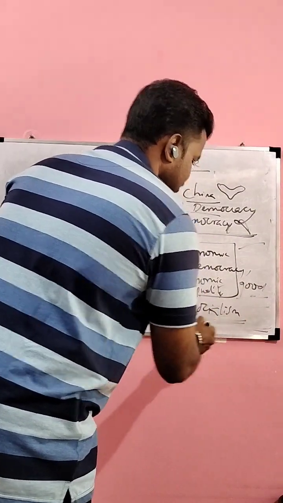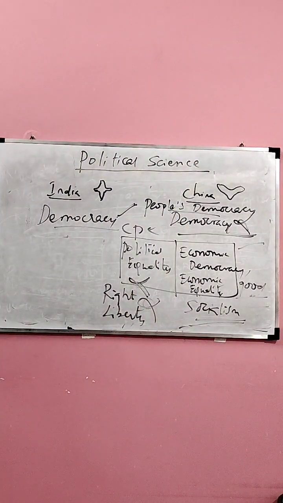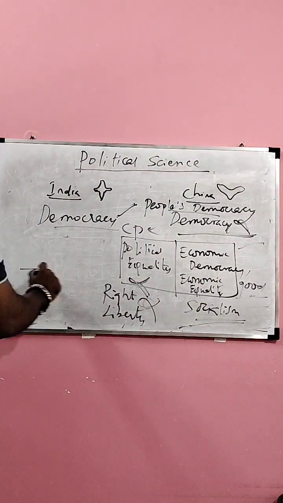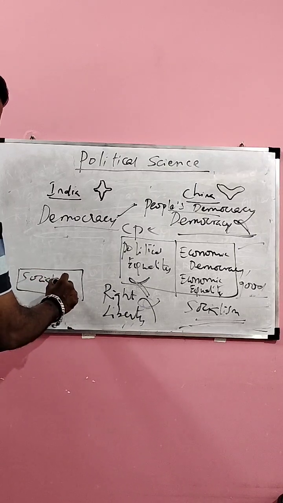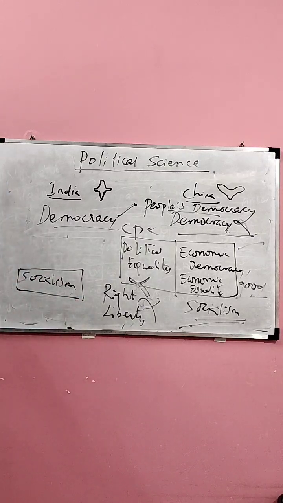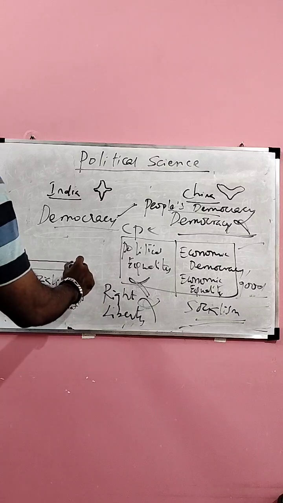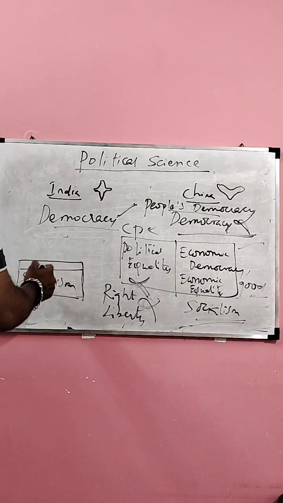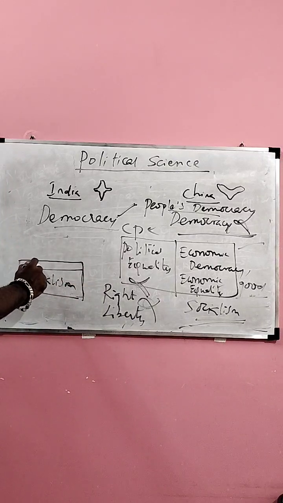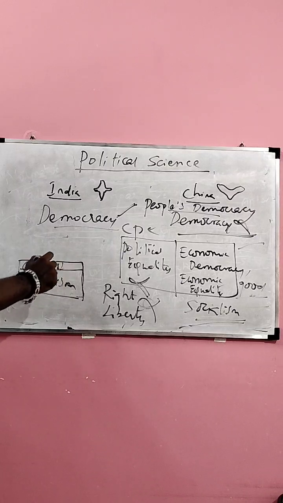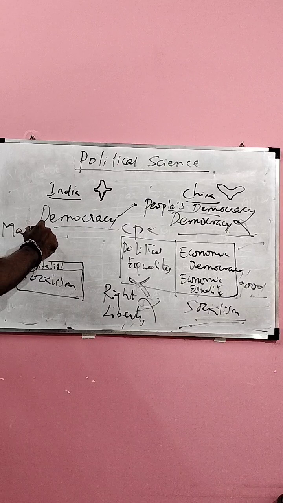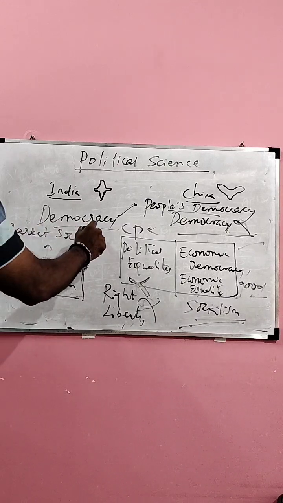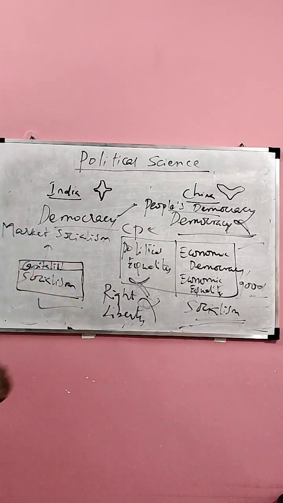Historical system, traditional system, socialism. But after 1980, China has gone for modification of socialism. It has not modified socialism, but it has slightly modified socialism. It has added some capitalist features in socialism. The resultant system is called market socialism. But even then, socialism is a predominant economic system in China.